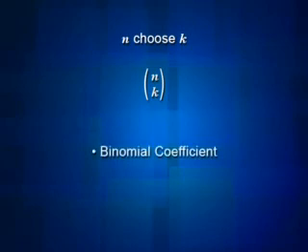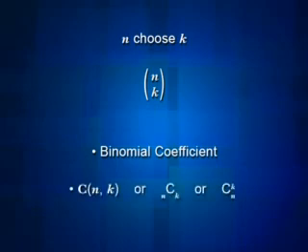Now, the third most important number in combinatorics is pronounced n choose k, and it looks like this. You will hear them referred to as binomial coefficients. And other notation, though we won't use it in this course, I've seen C(n,k) written in various forms, where the C stands for the word choices or combinations.